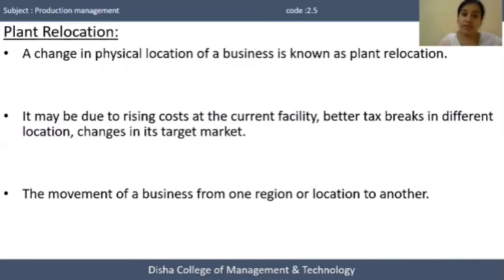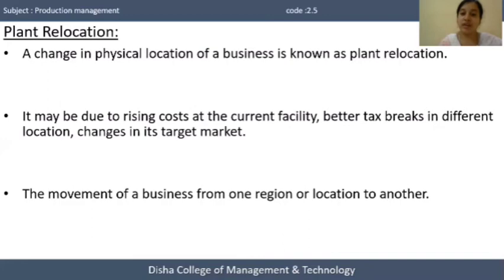So an industrialist may change his industrial location from one place to another due to various reasons. The reason may be high rising cost at the current facility, meaning at the current location, the firm is unable to produce the goods at less cost. Unnecessary costs are incurred, so for that reason the industrialist wants to relocate his plant.